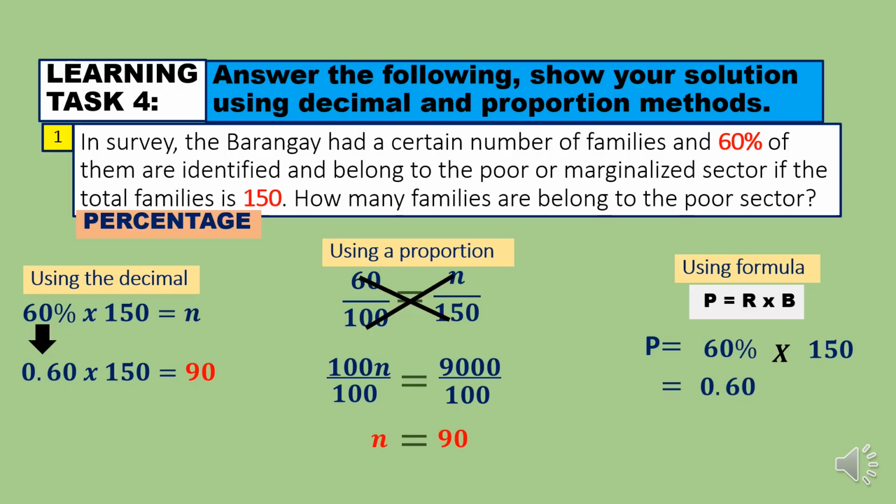I-change natin ang 60% sa decimal form, that is 0.60 or 60 hundredths times 150 and that is 90. So, tanong na how many families belong to the poor sector? The answer is 90 families.